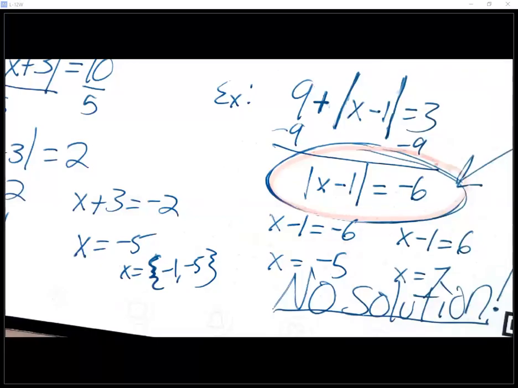All right, everybody. So absolute value inequalities today. So this is still 2-1. We just didn't get to quick finish yesterday. So let's do that right now.